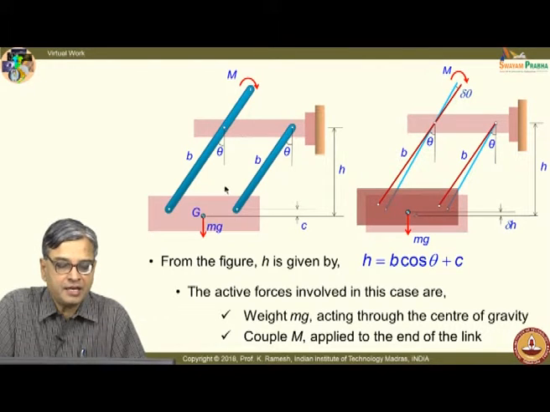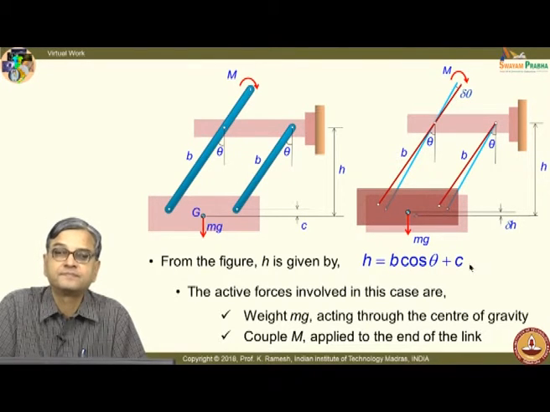And from the sketch of the links and the geometry given, the length of the link is given as b, and this height is what we want to find out. This is nothing but b cos theta plus c. H is b cos theta plus c.